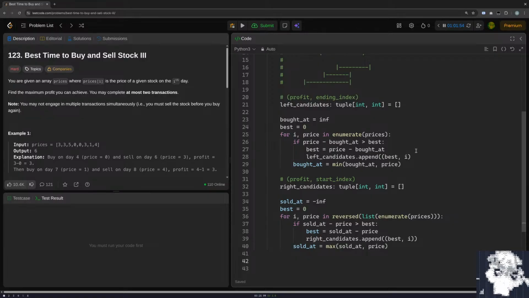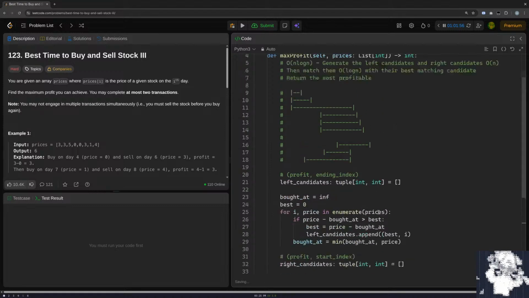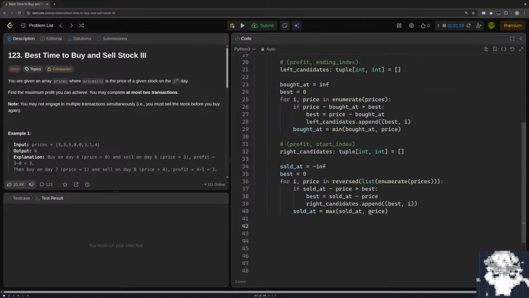Okay, now we have our two lists of candidates. Now we're doing our matching. So for left candidate in left candidates.